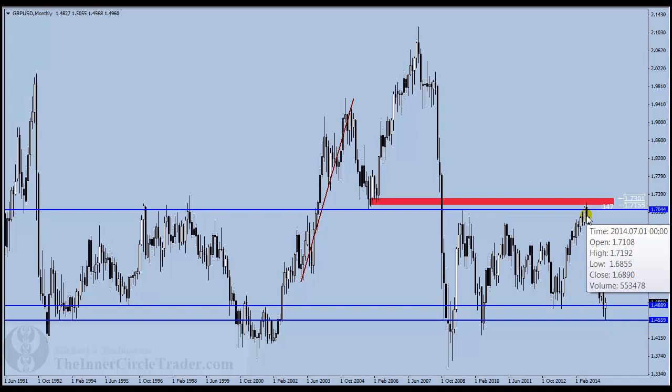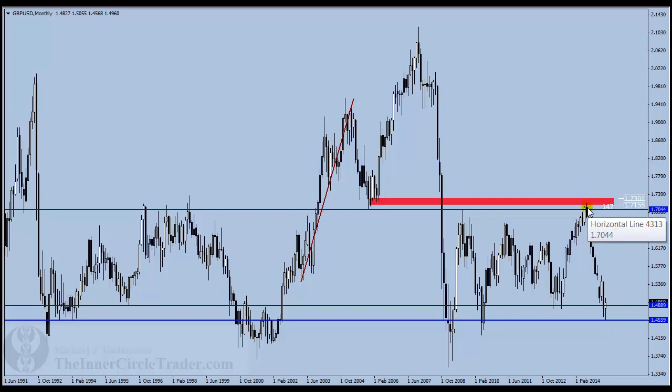Now, not so much if you're a higher time frame trader and you use multiple hundred pip stops. In other words, if your stops are several hundred pips, which I don't trade that way, but there are traders that can trade that way and feel comfortable doing it. This probably wouldn't be a big deal to you, but because I'm an intraday timing type trader, I like to use a 15-minute and 5-minute entry on something I've arrived at on a higher time frame.